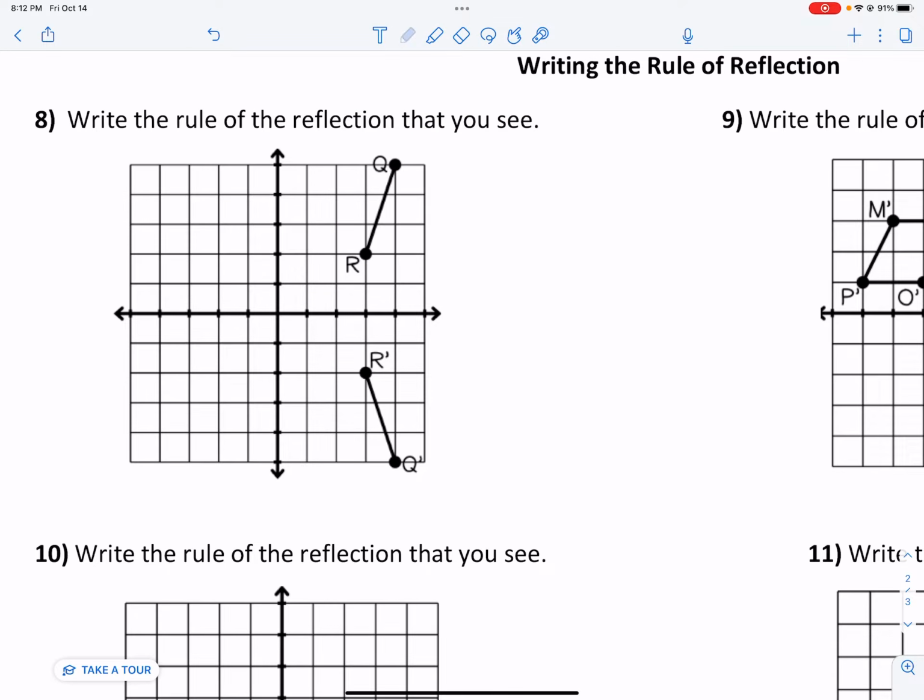All right, so if R and R prime is there, I know the midpoint. It's a point in the middle. It's going to be right here, right? This is a distance of 2. This is a distance of 2. Or if you want, you could say this is a distance of 4, and the middle will be right here. And if we do the same thing here, from here to here will be 10, and half of 10 is here, right?